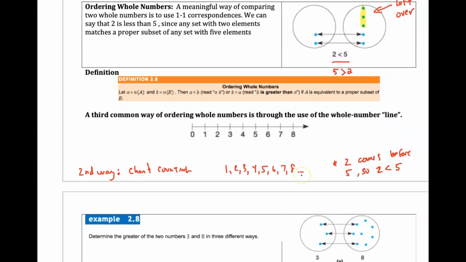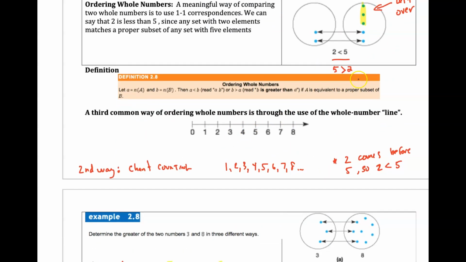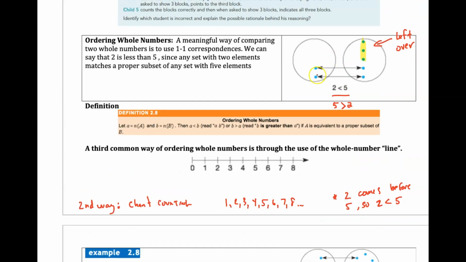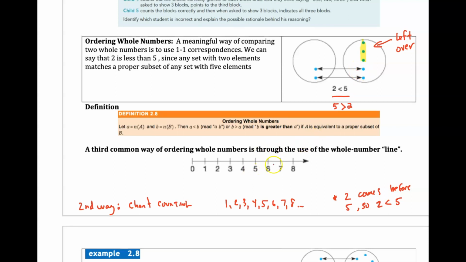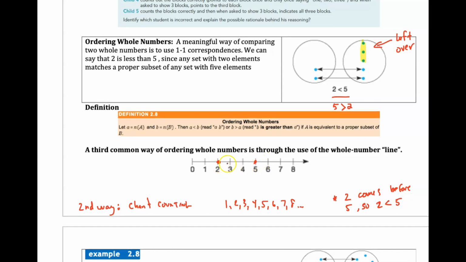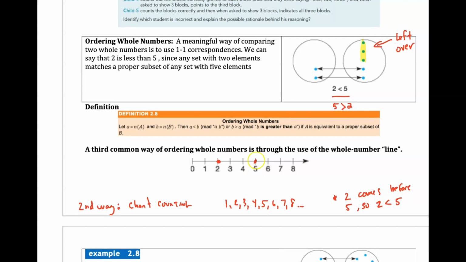And so how do we actually compare numbers again? One is through this set model that we can look to see how many objects are in one set compared to the other. You could also use a number line, right? Here is 2, here is 5, and we know that 2 is smaller than 5 because it's to the left of 5, or we know that it's closer to 0.